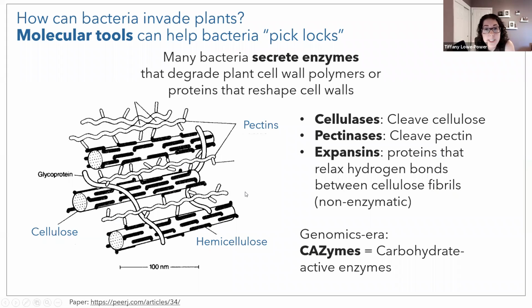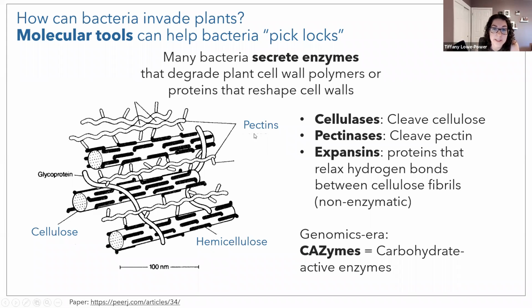There's also other strategies that bacteria use to get in through these weakenings in the plant. Most phytopathogenic bacteria secrete enzymes that are able to degrade those cell wall polymers of plants. I don't think anyone chatted out the plant polysaccharides, but we've got them here.